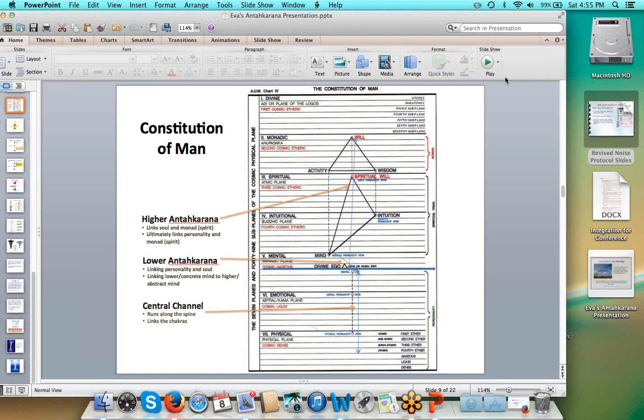Okay, I don't know if you've studied the rays yet. Yes, I have. Okay, if you've studied the rays, then each ray is associated with a particular color. Actually, it's more than one color. It's associated with an exoteric color, which is the color of its personality, and an esoteric color, which is the color of its consciousness or soul, so to speak. For the most part, let's just deal with the personality color of the ray.